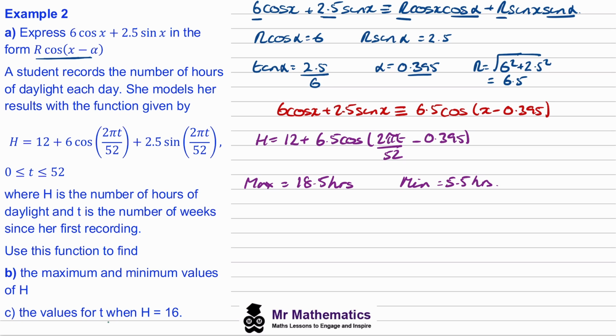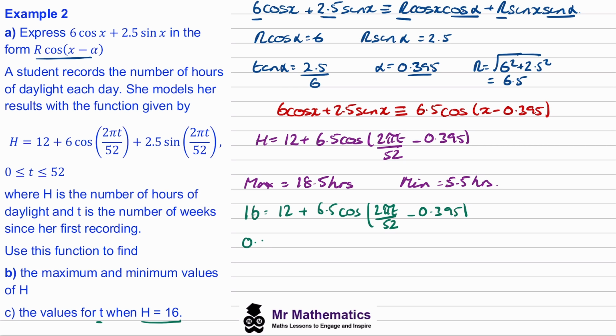And then for part C, find the values of t when h equals 16. So 16 will equal 12 plus the 6.5 cos of 2 pi t over 52 minus the 0.395. So we'll take away the 12 from both sides, and then we'll divide by 6.5.